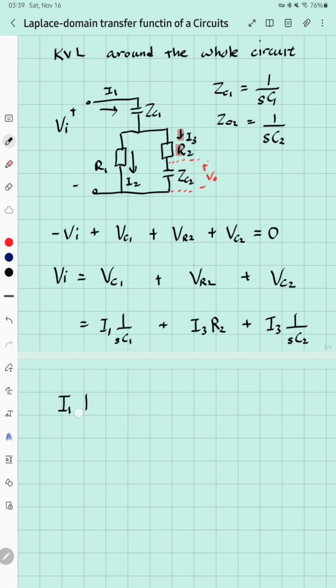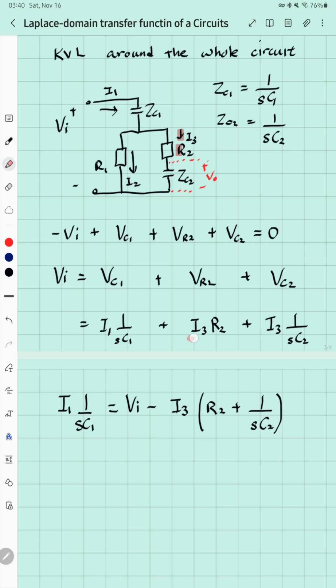I1 1 over SC1 equal, now we can just kind of move it around, VI minus I3 combining R2 plus 1 over SC2.